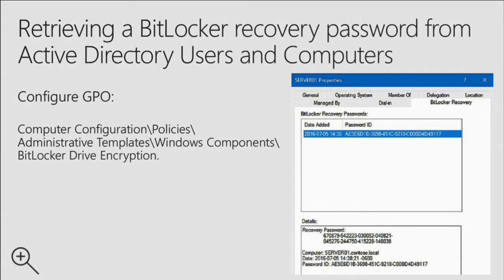Another feature you should be prepared to answer some questions about in the exam is how to recover the BitLocker recovery keys from Active Directory. We have such a feature. You have to configure settings in group policy options. You should be able to see the BitLocker recovery key somewhere there.